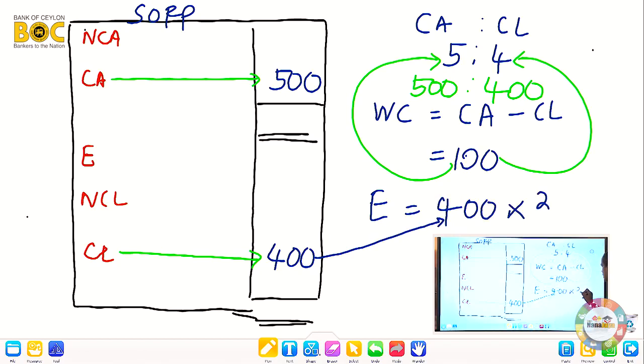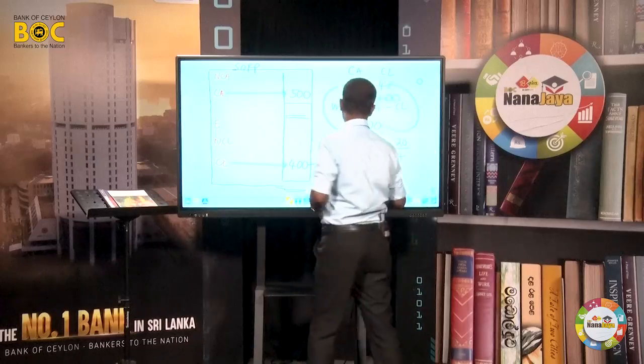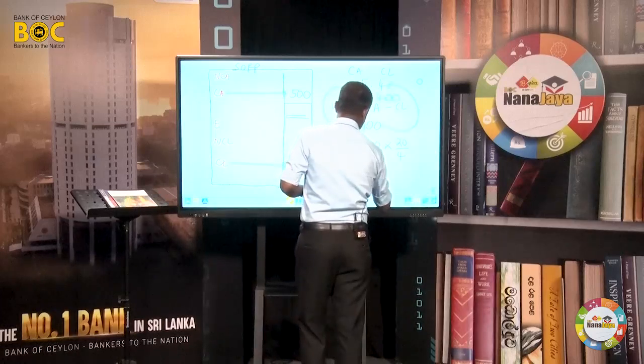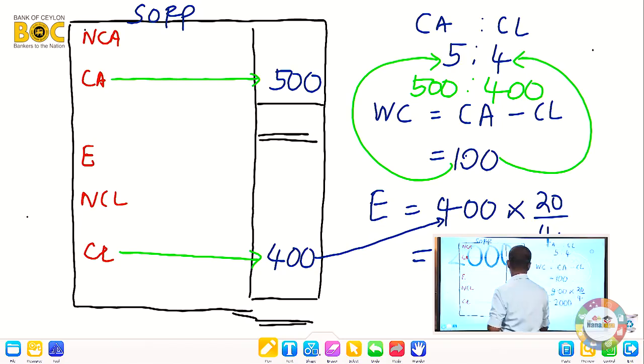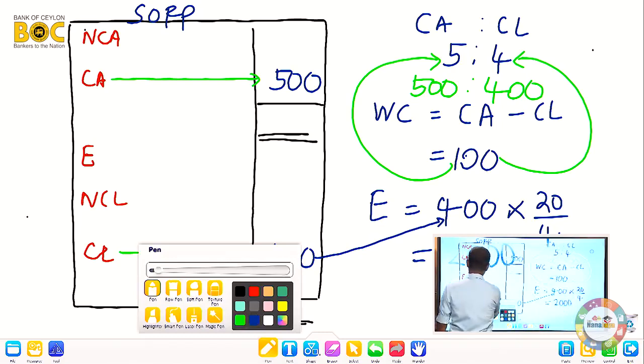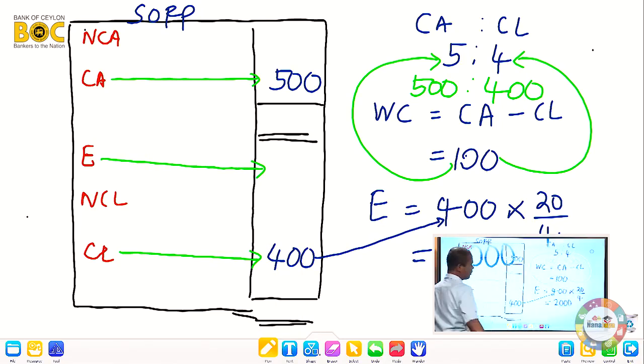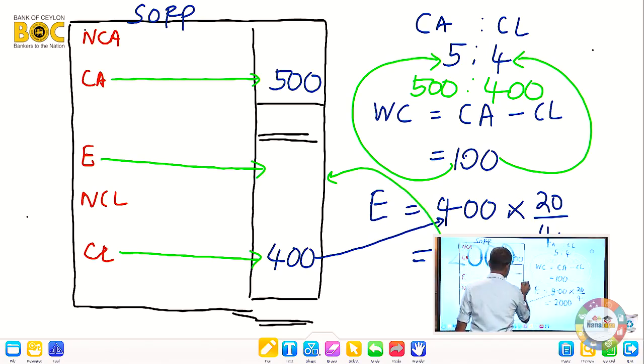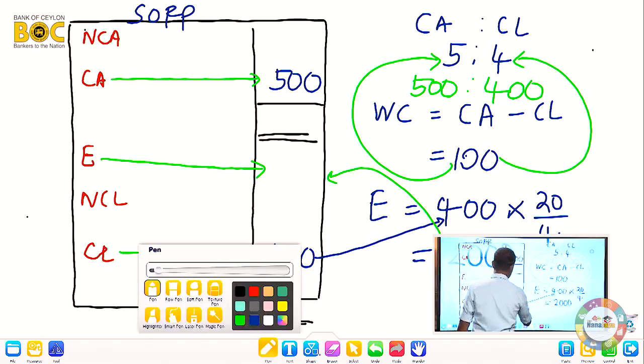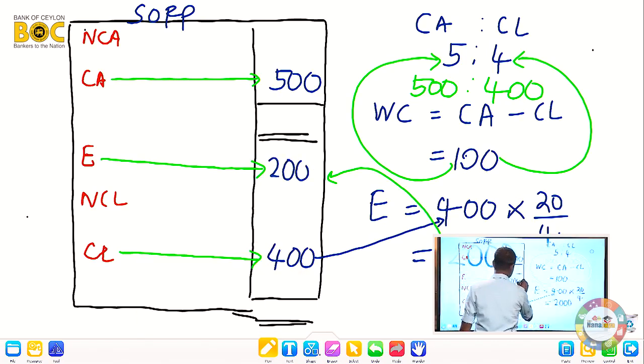That into 20/4 times, your closing equity is 2000 rupees. Now the closing equity value is also found: the closing equity of this entity is 2000 rupees.